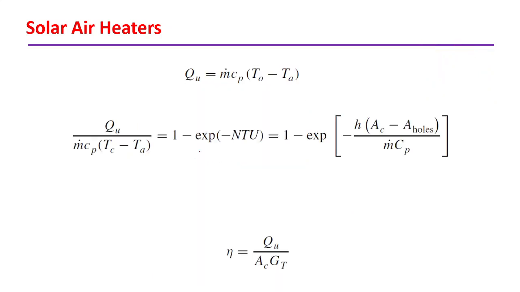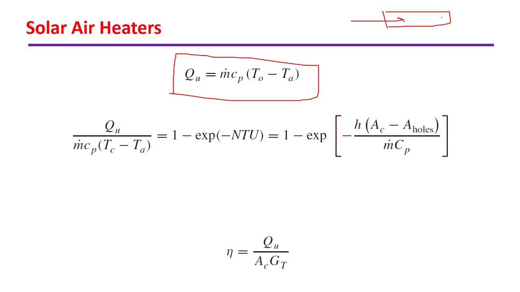So next we have to calculate Q is equal to mcp delta T. Delta T is the temperature difference between the outlet and the ambient. Outlet means the air is passing through the system, and what will be at the outlet side.